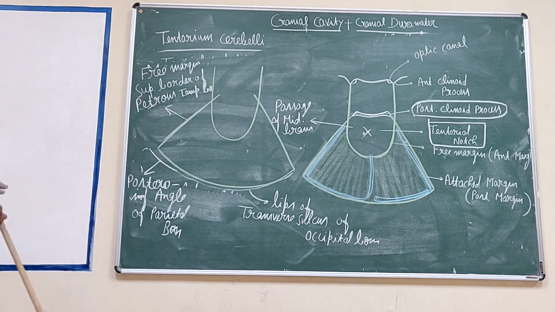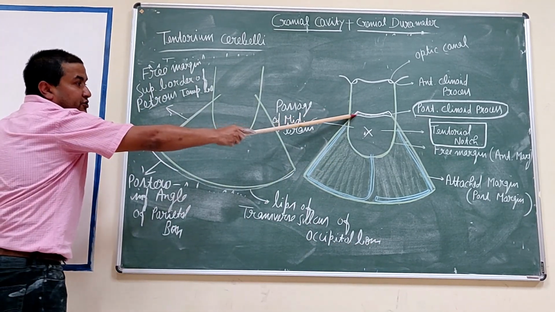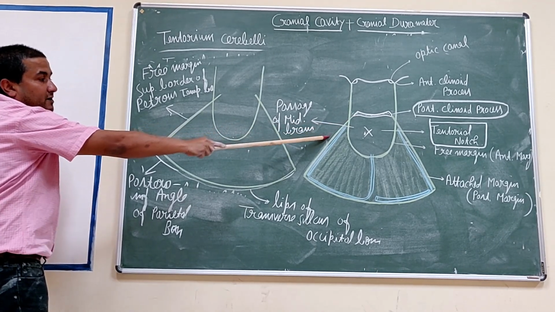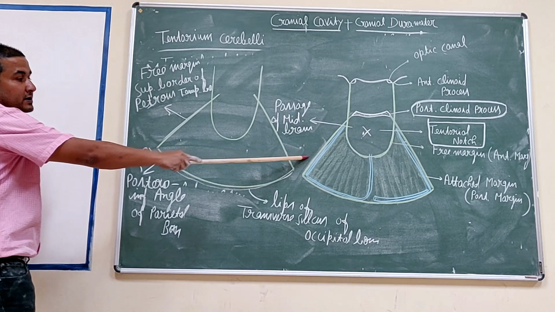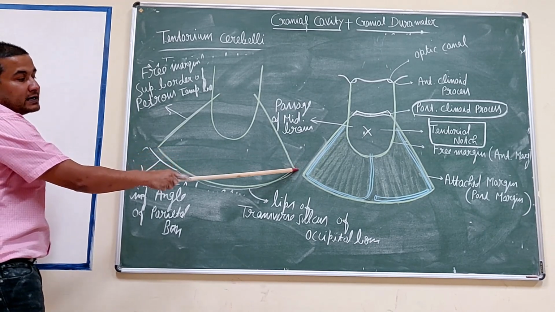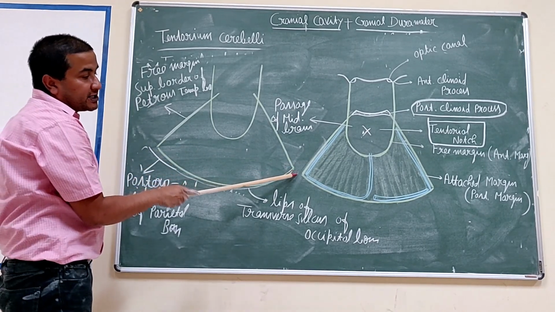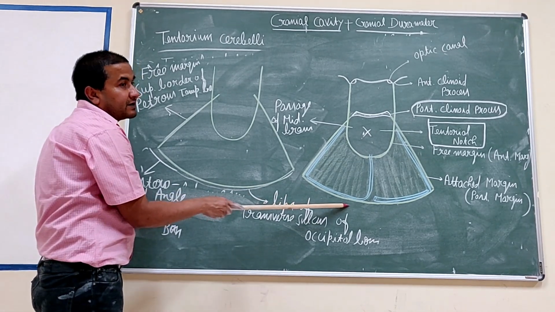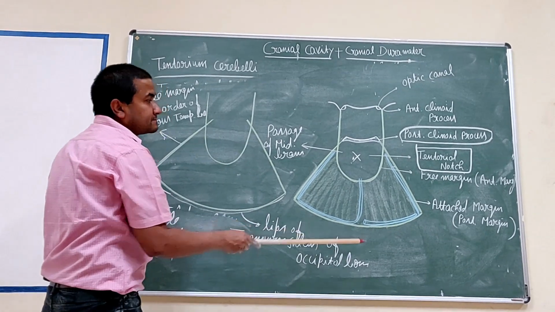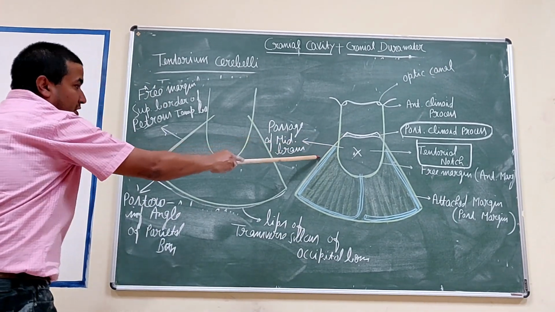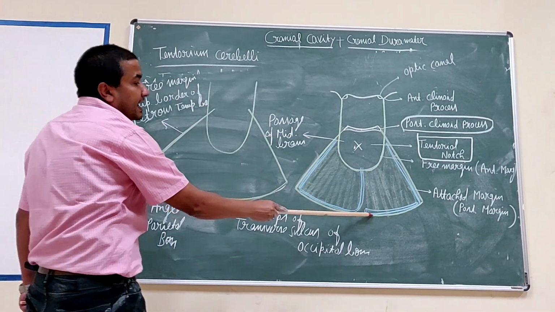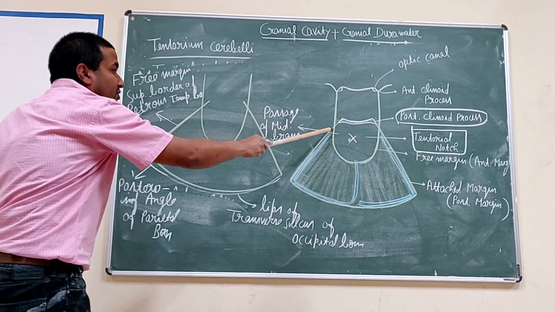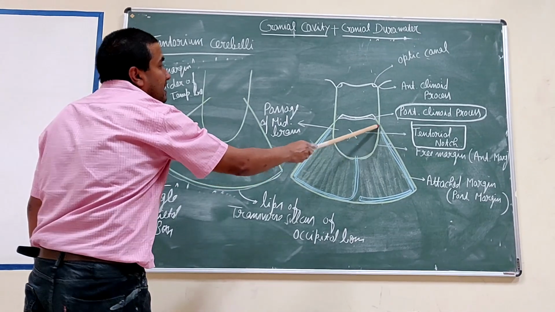So here it is attached to the posterior clinoid process, then this part is attached to the superior border of the petrous temporal bone. This is the postero-inferior angle, the mastoid angle of the parietal bone, and this is attached to the transverse lip of the occipital bone. So this posterior margin is the attached margin, while the anterior margin, the concave margin, is the free margin.